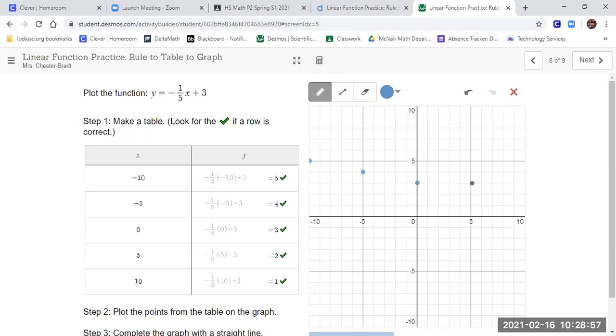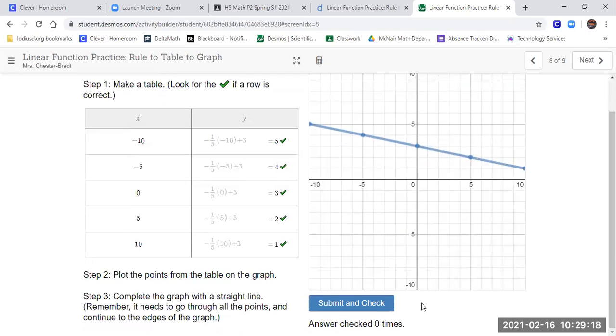At positive 5, it's 2. And at positive 10, it's 1. They made this one easy to connect because they went from edge to edge for us. That was kind of nice of them. This was the easiest one, I think.